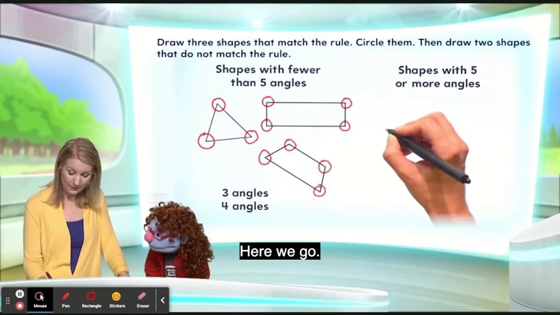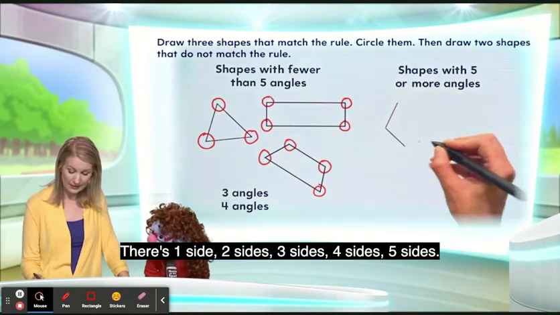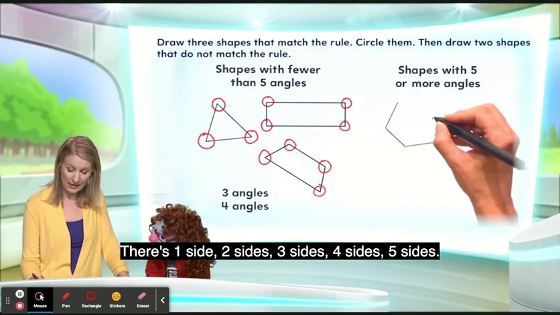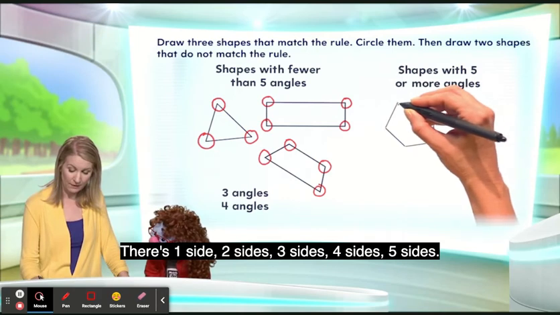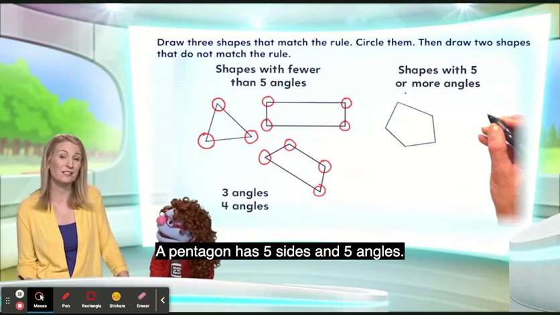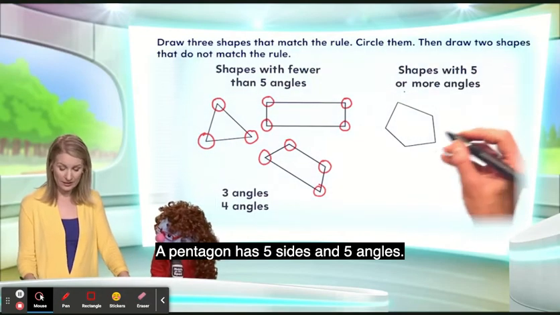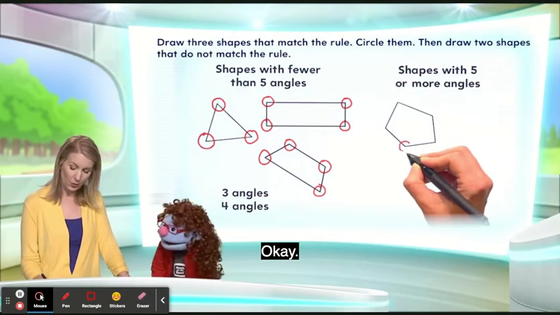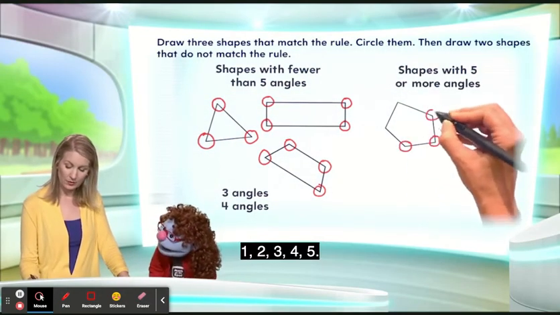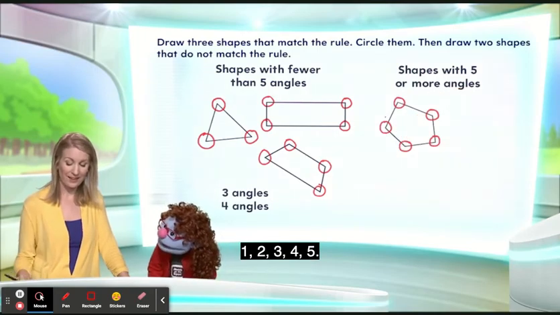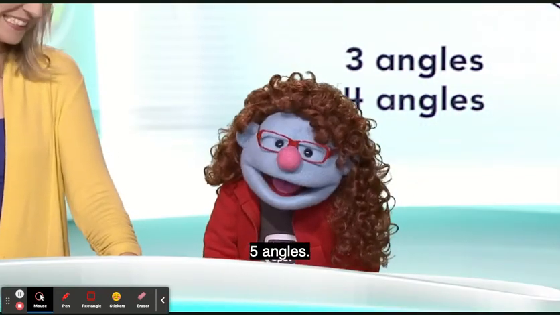Here we go. There's 1 side, 2 sides, 3 sides, 4 sides, 5 sides. A pentagon has 5 sides and 5 angles. Let's count them. 1, 2, 3, 4, 5. 5 angles.